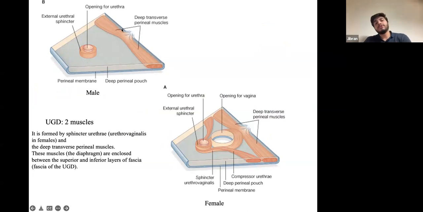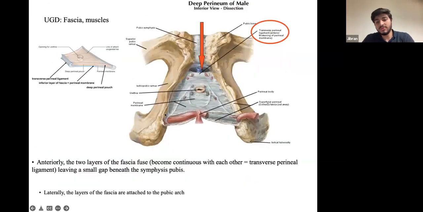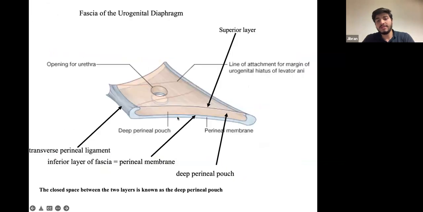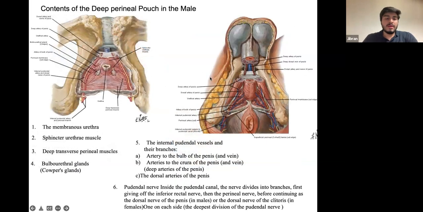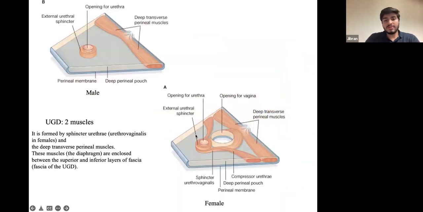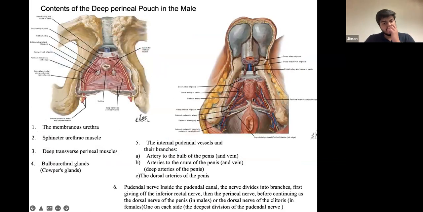Posteriorly, you can see the deep transverse perineal muscles, the ones I mentioned, which are found here. Now, what are the contents? We discussed some of them, like some of the muscles, but there are also other contents the doctor wanted us to know. There's the membranous urethra and the sphincter urethrae muscle, this one.